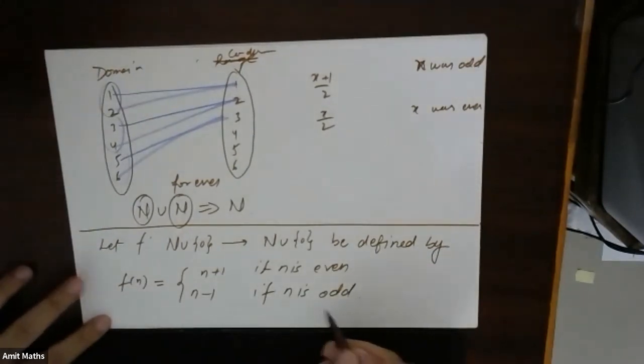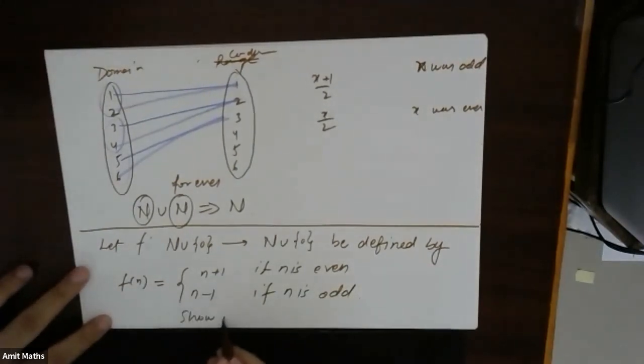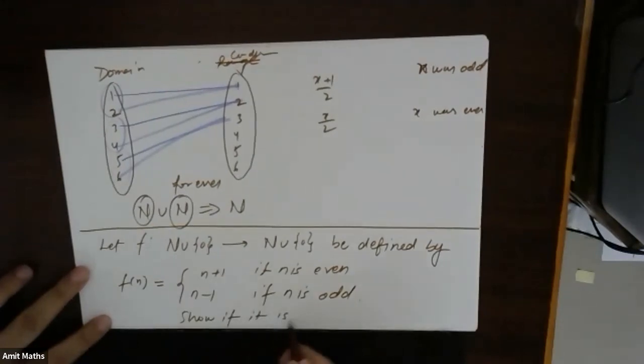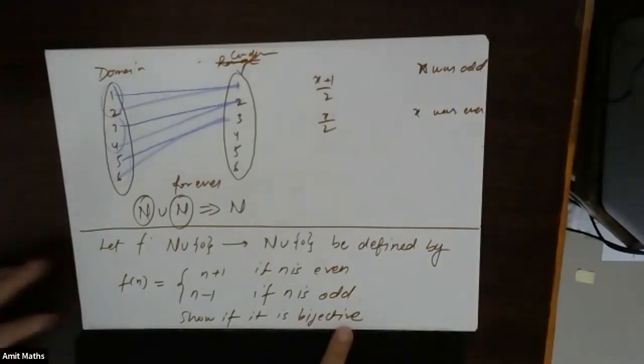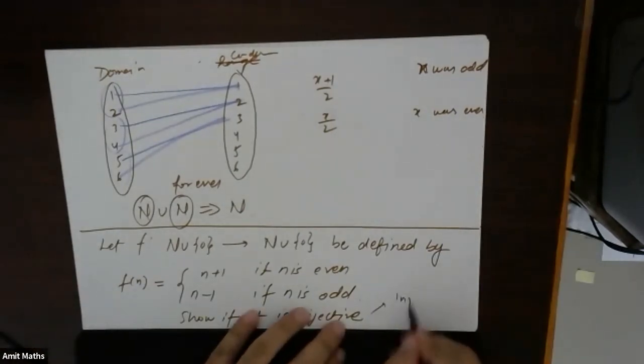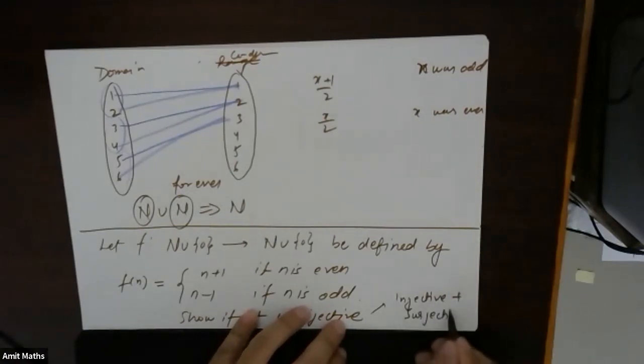You have to show if it is bijective. Now what is the meaning of bijective? Bijective means injective plus surjective.